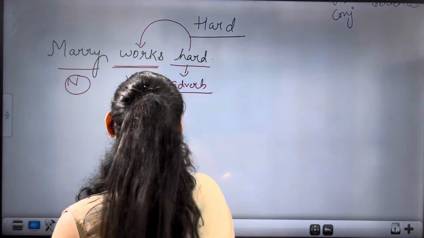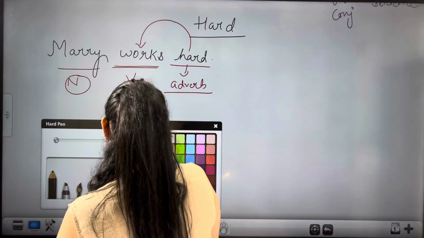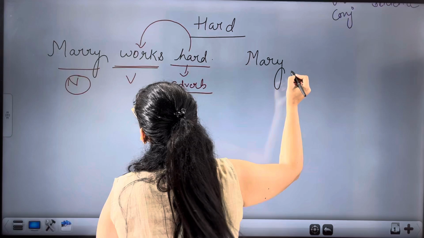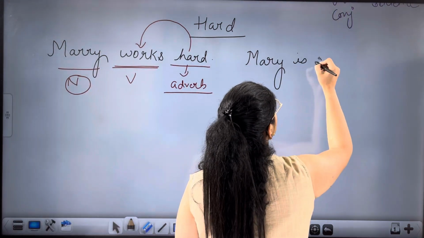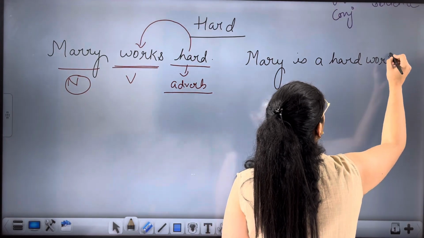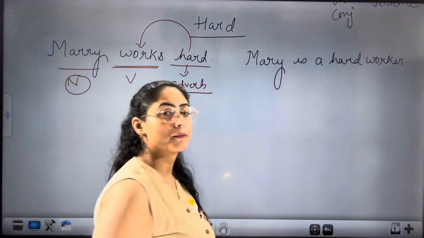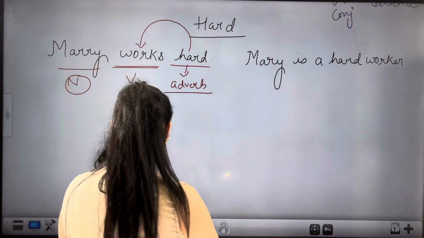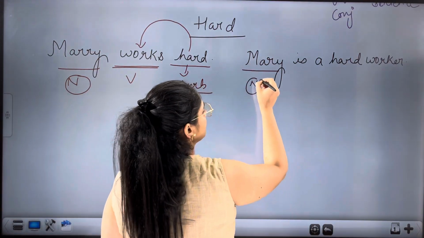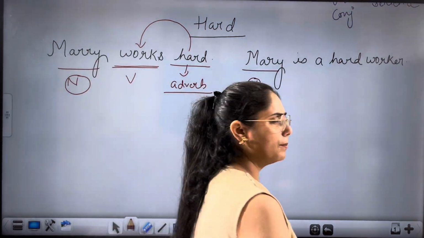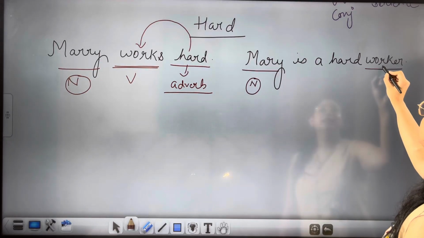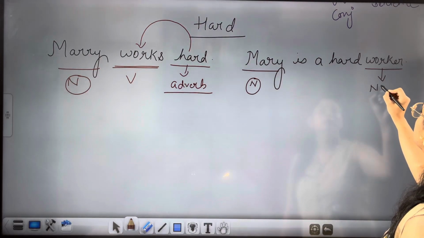If I say, Mary is a hard worker. Now again, we know Mary is acting as a noun here, the subject of the sentence, who is performing the action. Worker again is a noun.